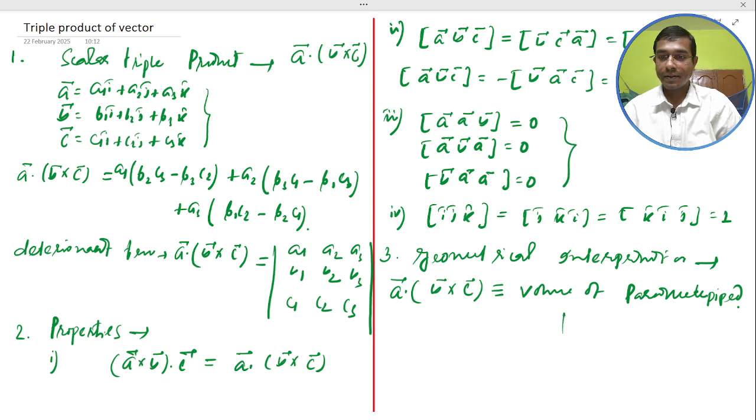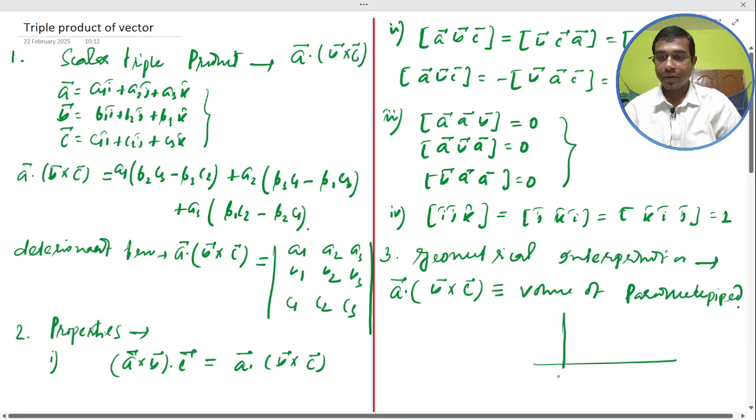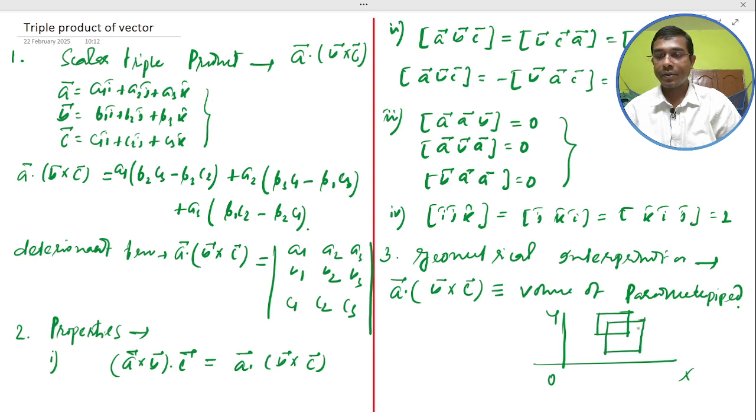This is the origin, with the X and the Y axes. This is a parallelepiped, this is its volume. This is A, this is C, and that is B.